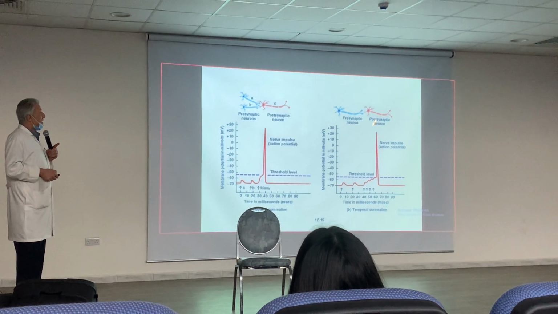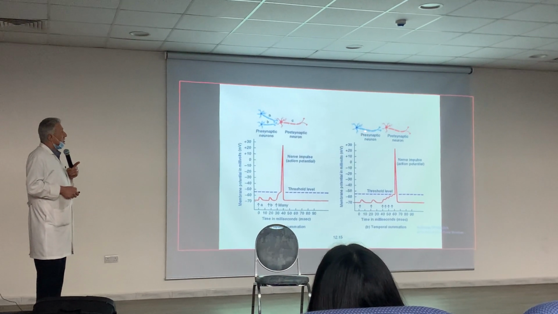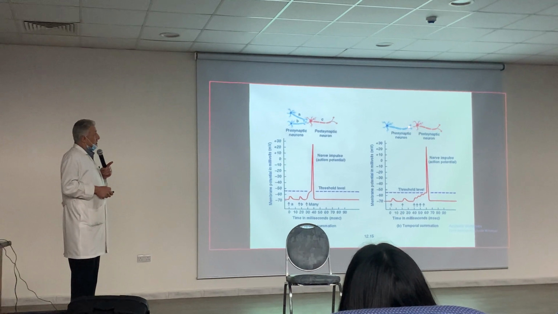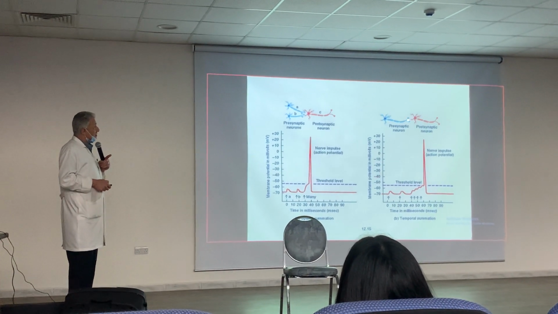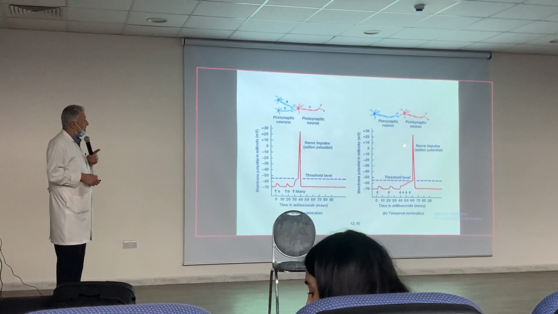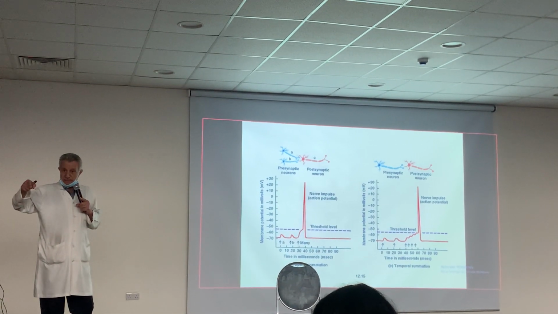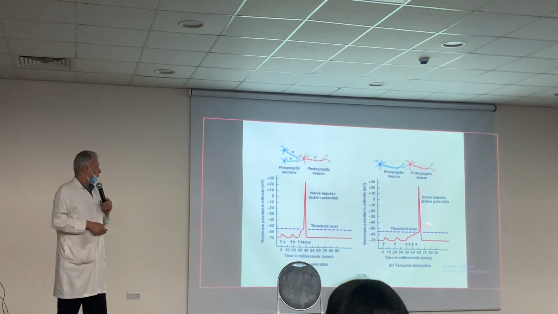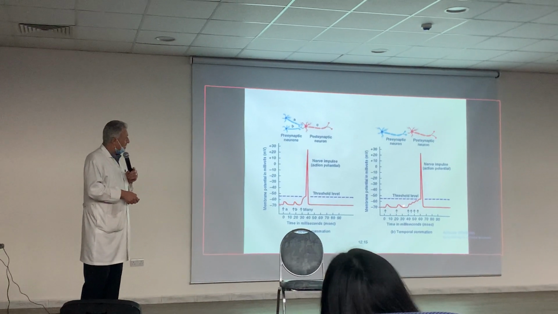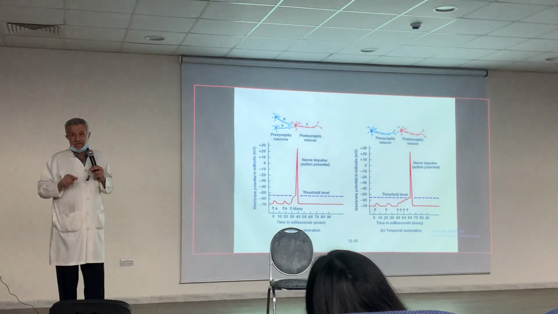You have only one presynaptic source, as you see. Synapsing with the second neuron, one stimulus from that presynaptic source is causing a small depolarization. The second stimulus is causing only one small depolarization.